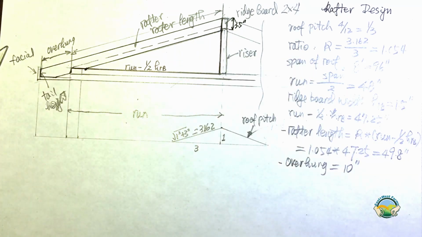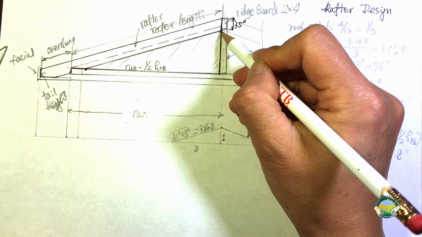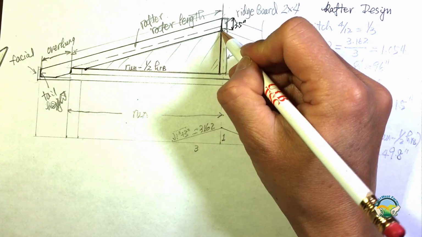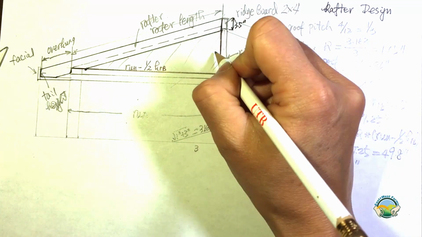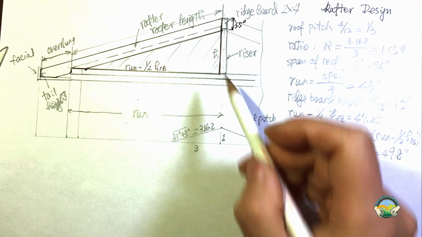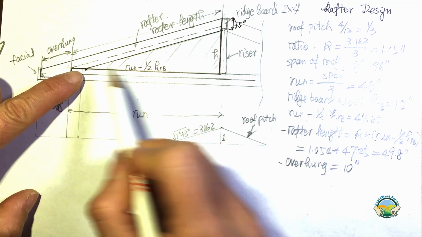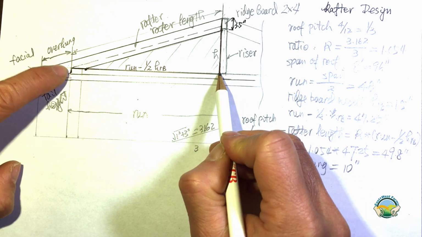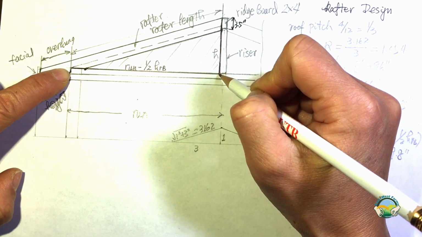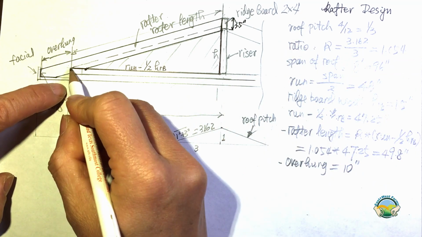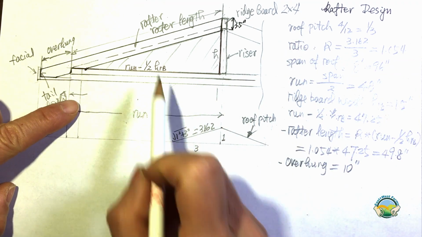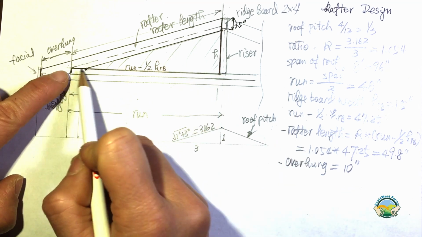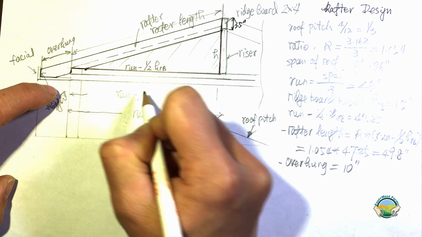So that's the triangle you will use. So the first thing is we want to find that dimension, and the riser will be just slightly above that. That dimension, I will just give it a random symbol so it's easy to calculate. So that's the H. In this case, from the edge to the bird mouth, that is the run minus 1/2 of the thickness of the ridge board. We already know that.